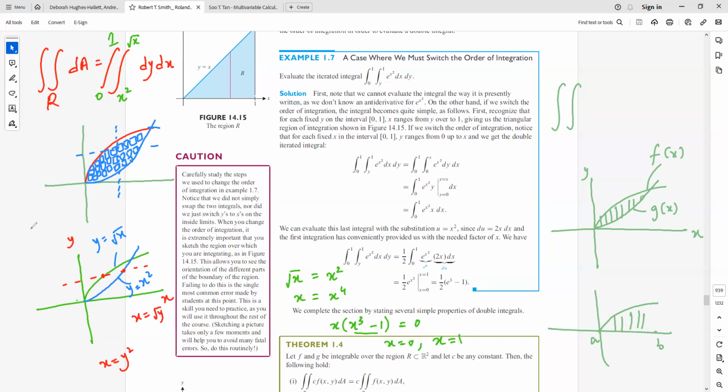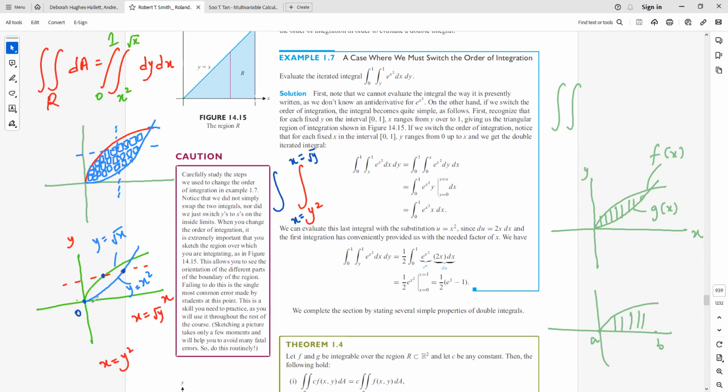Now my limits in the x direction will be from x equals y squared, that is this point here, the least point of this region, to x equals square root of y, the greatest point of this region. Then we can find limits on the y-axis. Those will be constants.